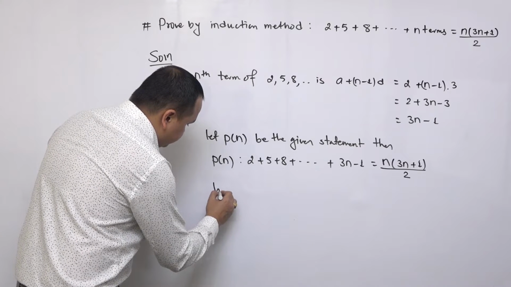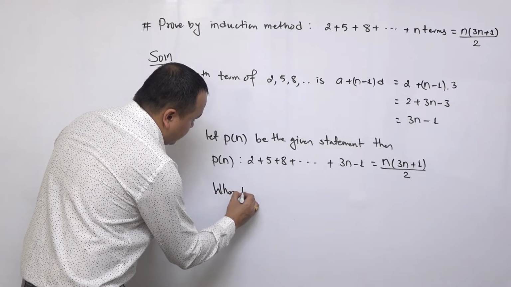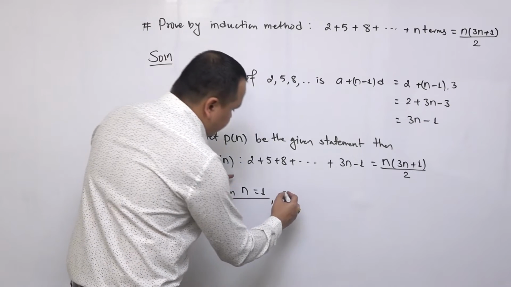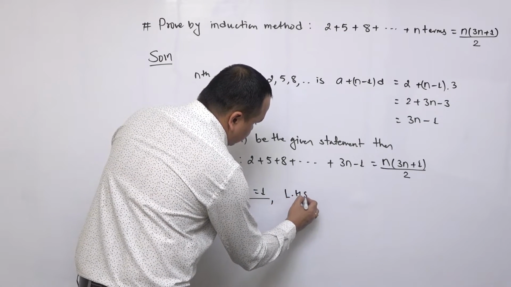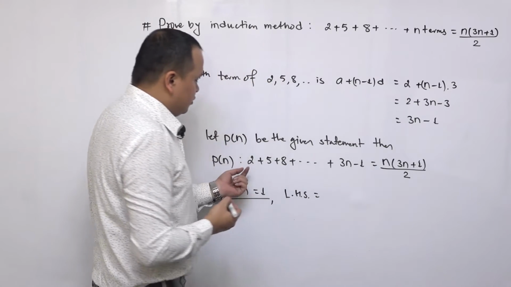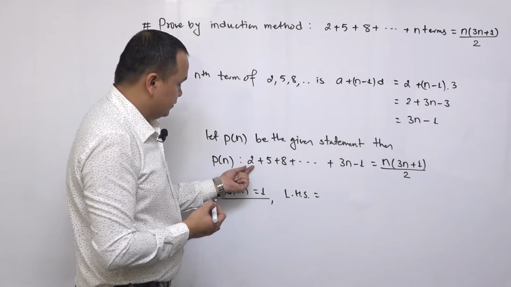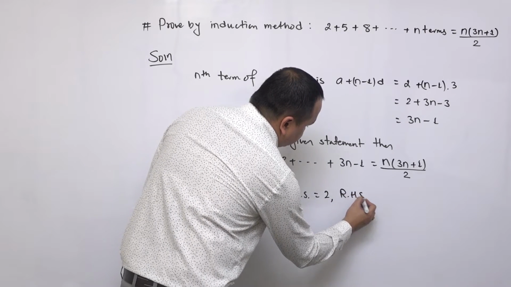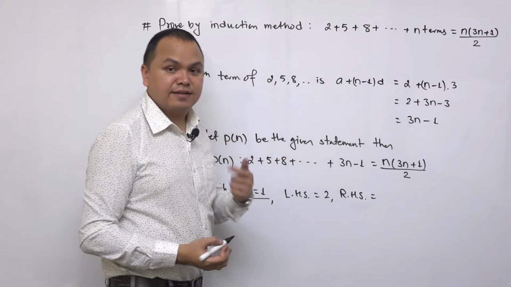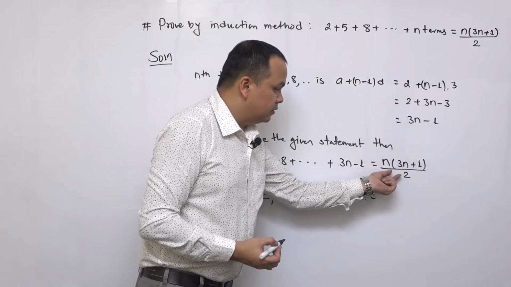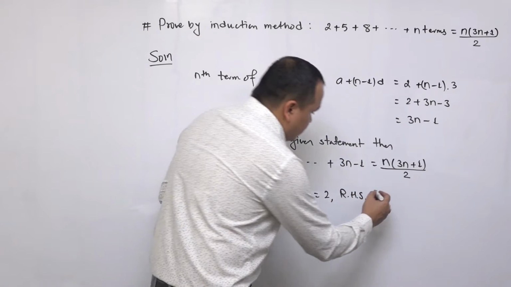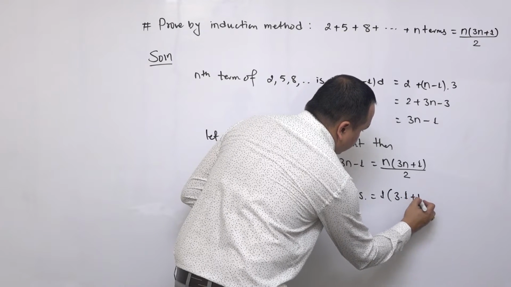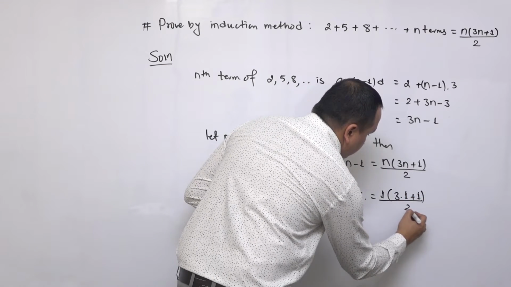When n is equal to 1, the left hand side, we take t1, this is 2. The right hand side, put n is equal to 1: 1 times 3 into 1 plus 1 divided by 2.